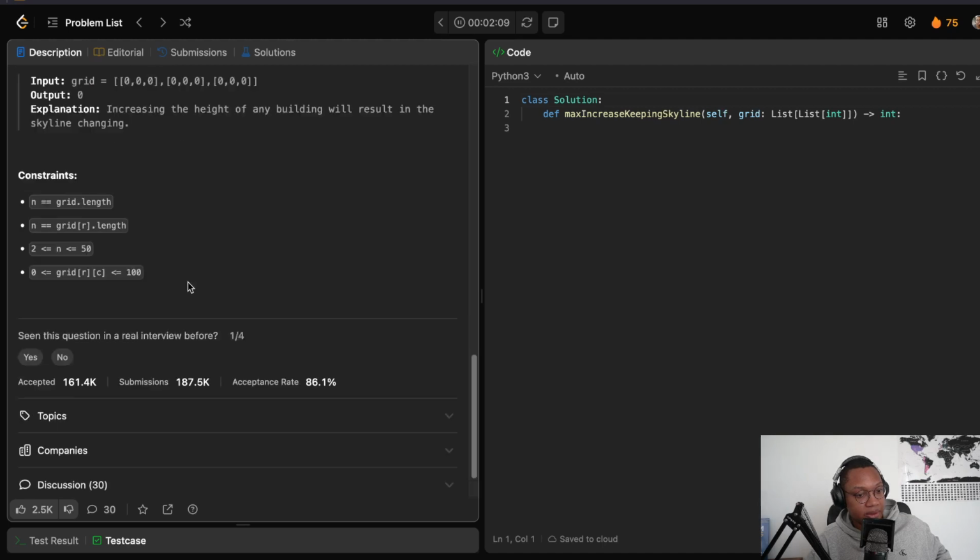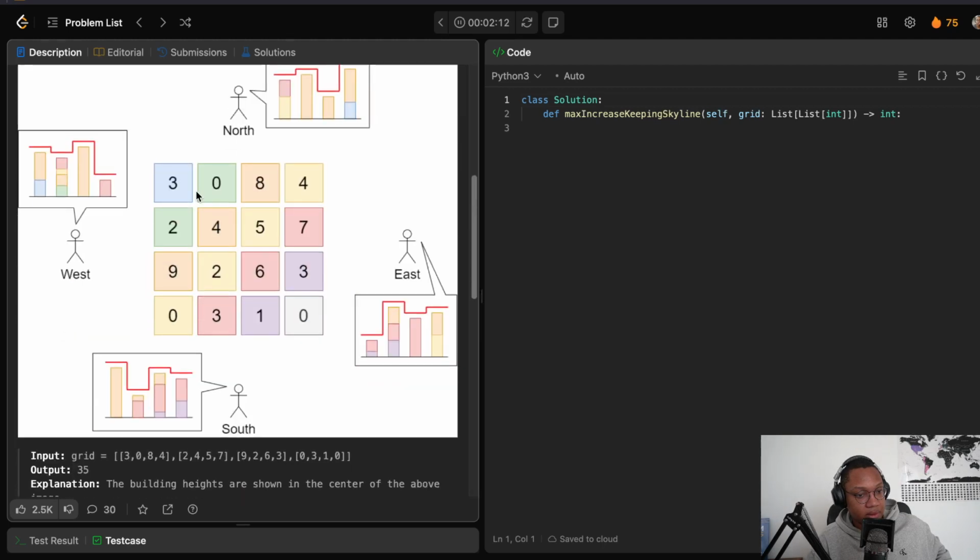Something really similar to that. 3 and 9.